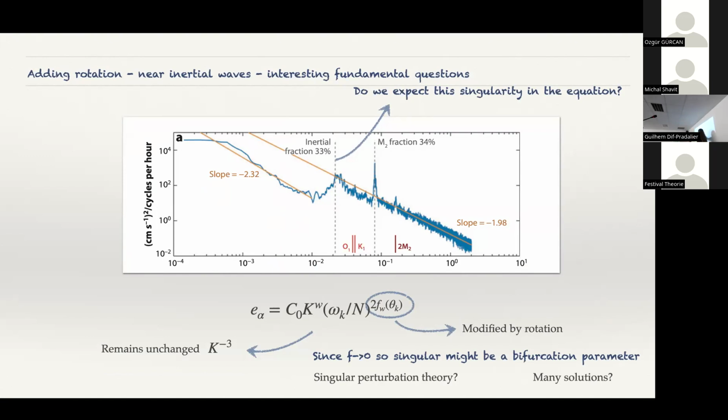For example, is the singularity that we see in the ocean around inertial modes a true singularity that you get in the equations, or is it just a coordinate singularity that depends on the variables that you measure, or a singularity coming from the boundary conditions that you have in the ocean? We expect some interesting insights, and I hope that we will have results in the next few months, when f is not 0.